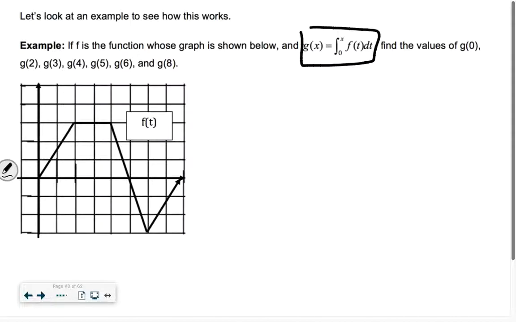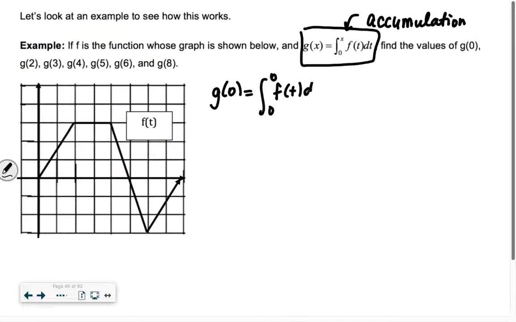So when you see something that has an x here, this is called an accumulation function. Accumulation. Did I spell that right? So if I want g of 0, I'm asking for the integral from 0 to 0 of f of t dt. Anything from a number to itself, 0 to 0, 5 to 5, what do we get? 0.